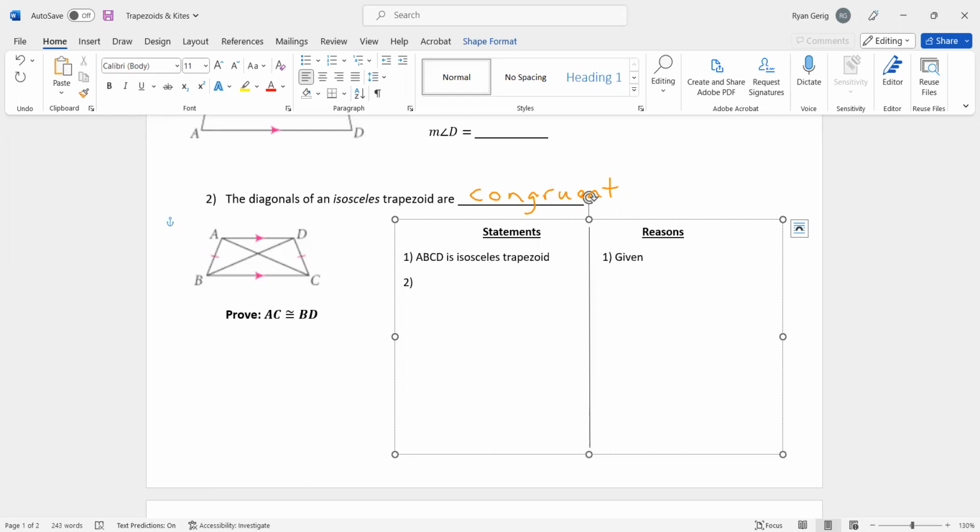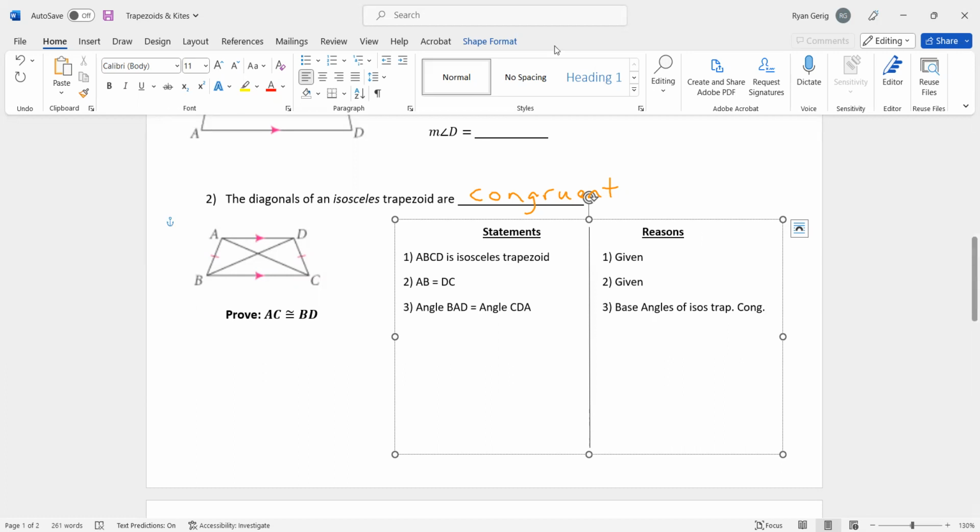I'm going to say AB is congruent to DC. Again, that's given. It's marked on the picture. Now I'm going to say that angle BAD is congruent to angle CDA. And that's because base angles of an isosceles trapezoid are congruent.